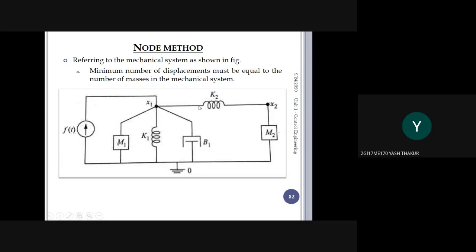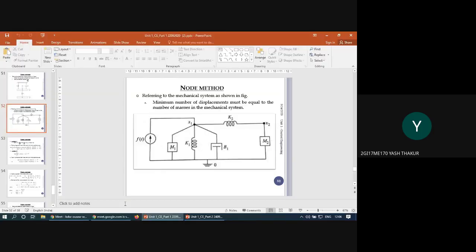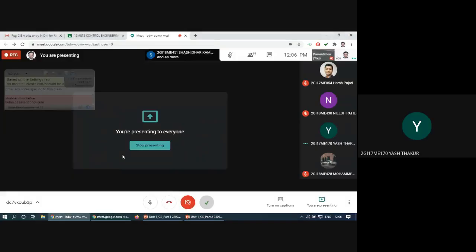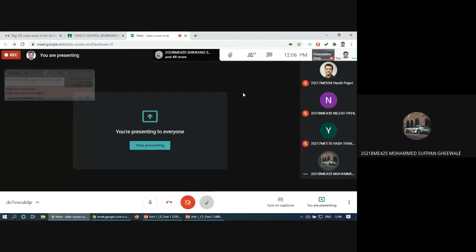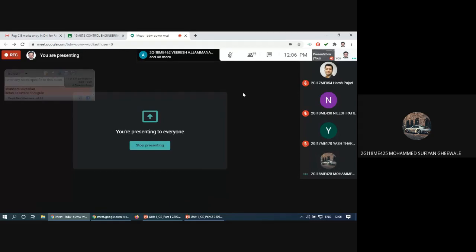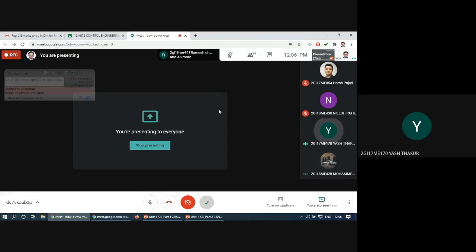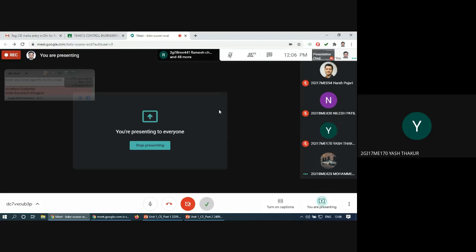Two dots. Excuse me, sir. Yes, tell me. Sir, some students are getting a message asking to join, so they are unable to join. Unable to join? But this is a normal class. Same problem, sir. Let one of the members share the link once again.